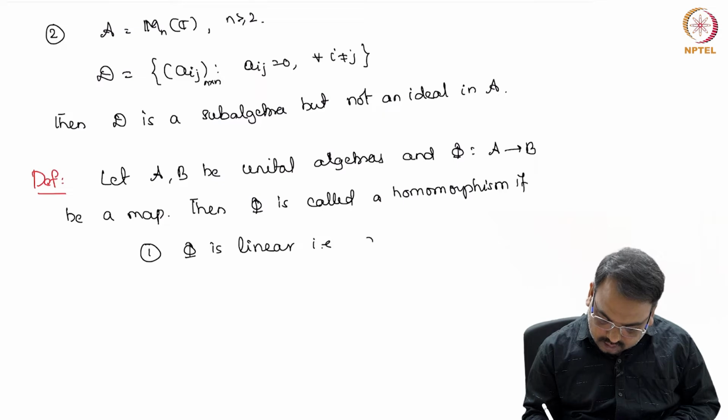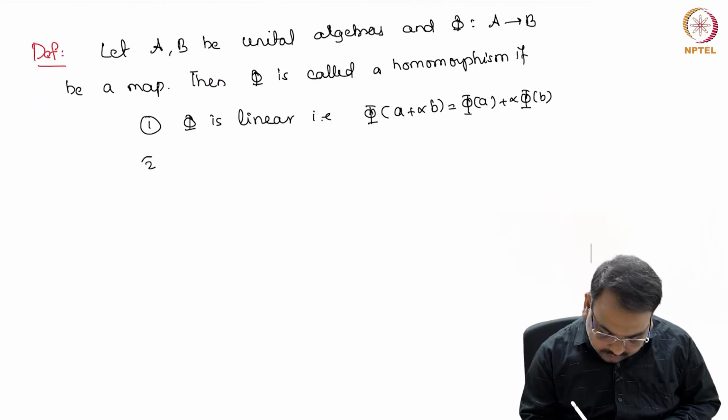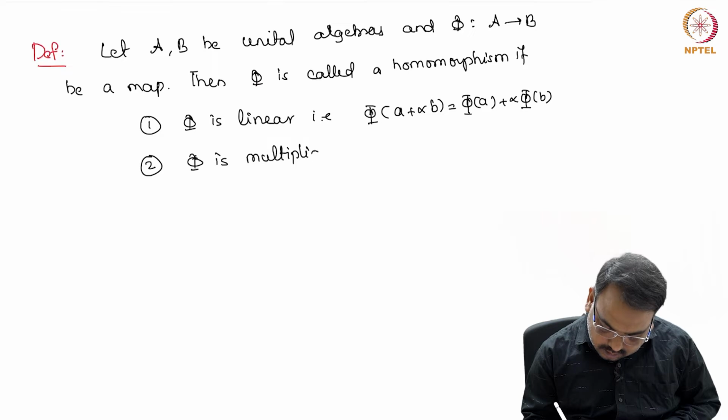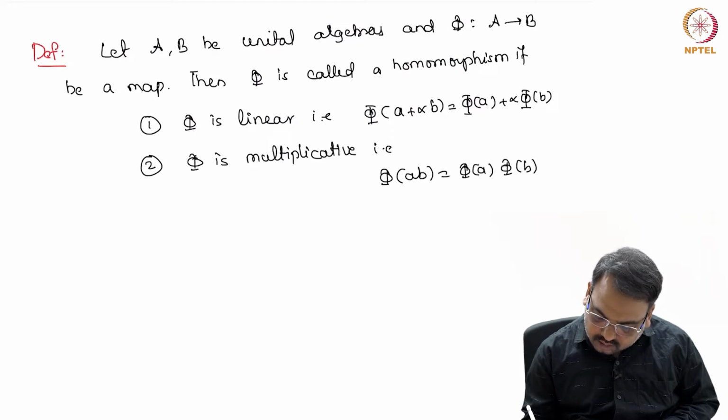That is, phi(a + alpha b) is phi(a) plus alpha phi(b), and phi is multiplicative. That is, phi(ab) is phi(a) multiplied by phi(b).